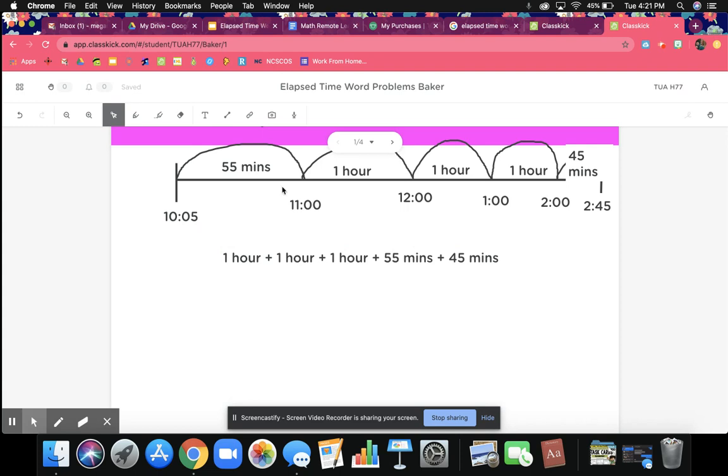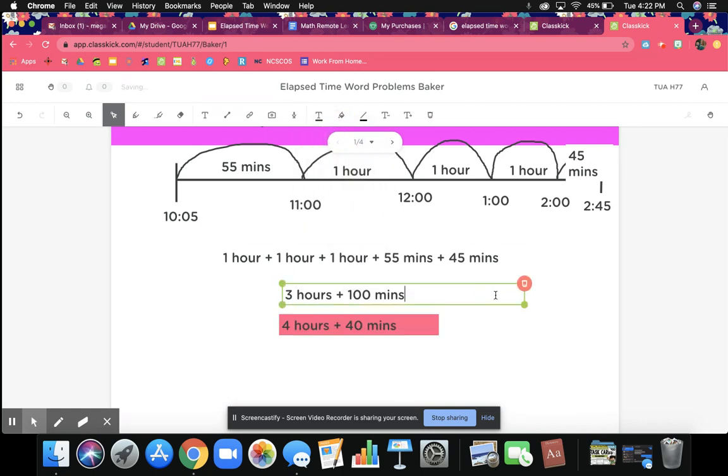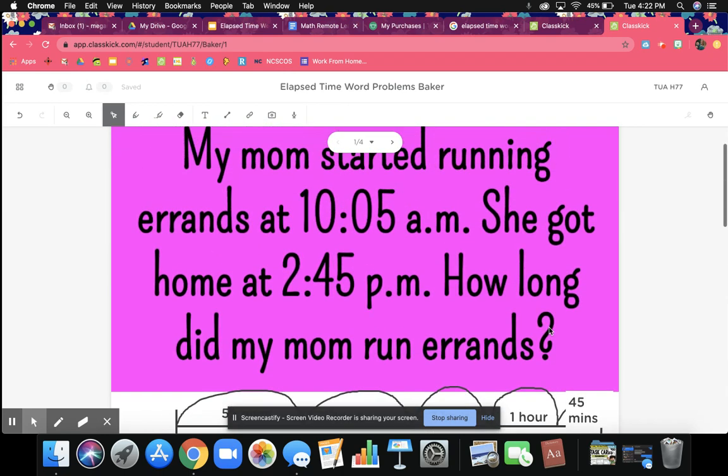So 1 hour plus 1 hour plus 1 hour gives us 3 hours plus 55 plus 45, if I do my math, is 100 minutes. We know that there are 60 minutes in an hour, so we're going to take that and add it to our 3 hours. So 4 hours plus 100 minus 60 is 40 minutes. So your total time that mom was running errands is 4 hours and 40 minutes.